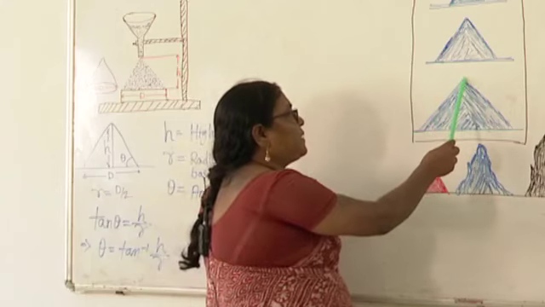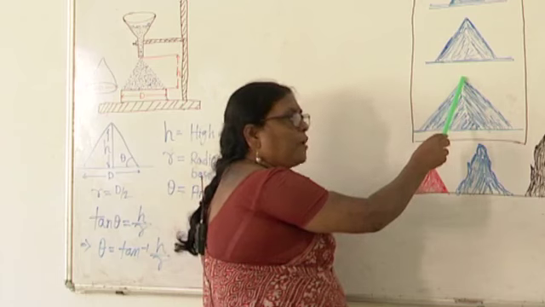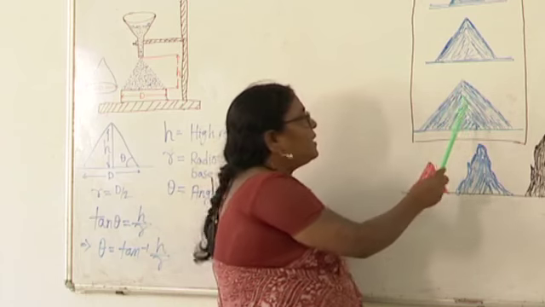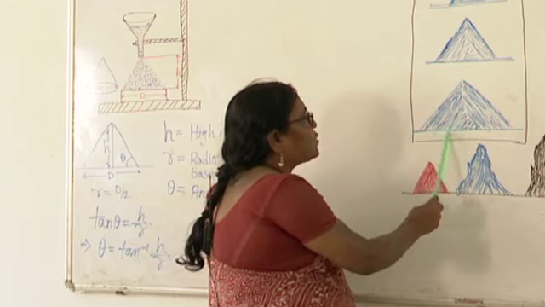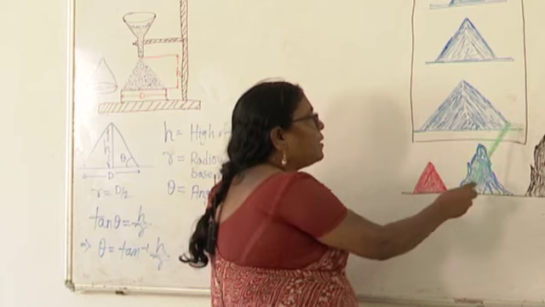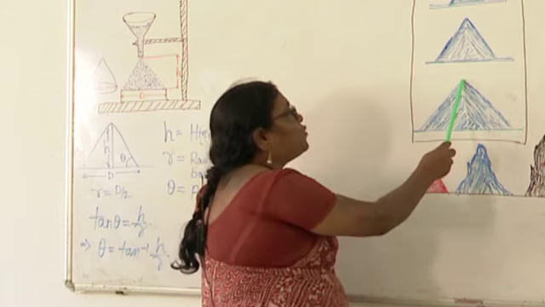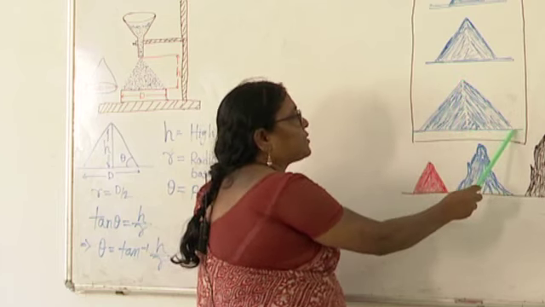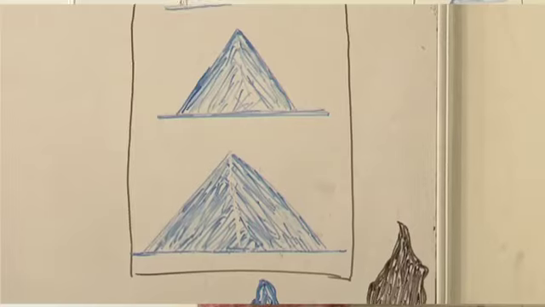And this tip is the highest point of the heap, joined to the center of the circle. So this is your height, and this whole thing is your diameter, and we are going to measure this height and half of this diameter first and get the ratio of it.